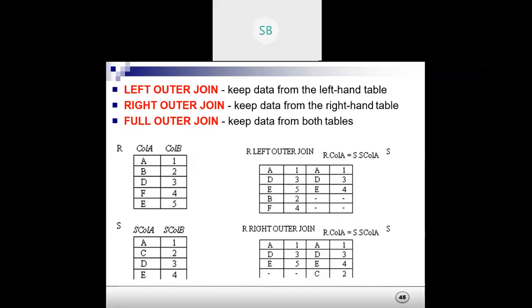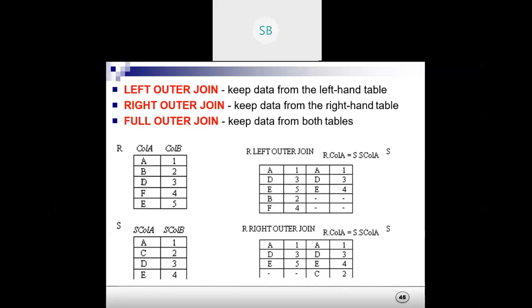So when we go for the left join or right join, first we think about the left join. We need to find out the matching tuples in both tables. So we find that A1 is there, here A1 is also there, so it will obviously appear. Then D3 is here, D is also here, so D3 will also appear. Next we find E5 is here, so E5 comes, and here E4 comes.